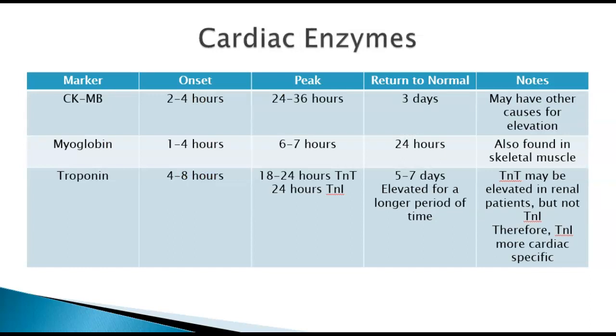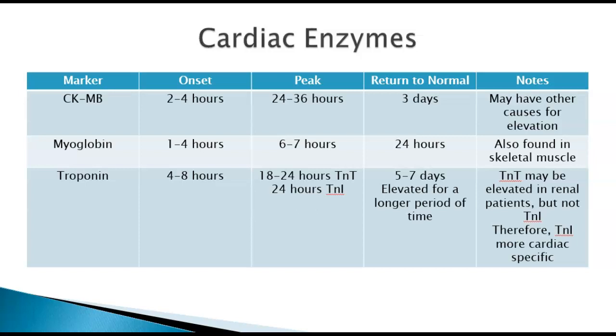Another way to confirm it is your enzymes. So we want to do our blood work as soon as the patient comes in, and we're looking at different enzymes. A long time ago, all we had was CK-MB. Scientists realized that there was an enzyme that was put out whenever muscles died.